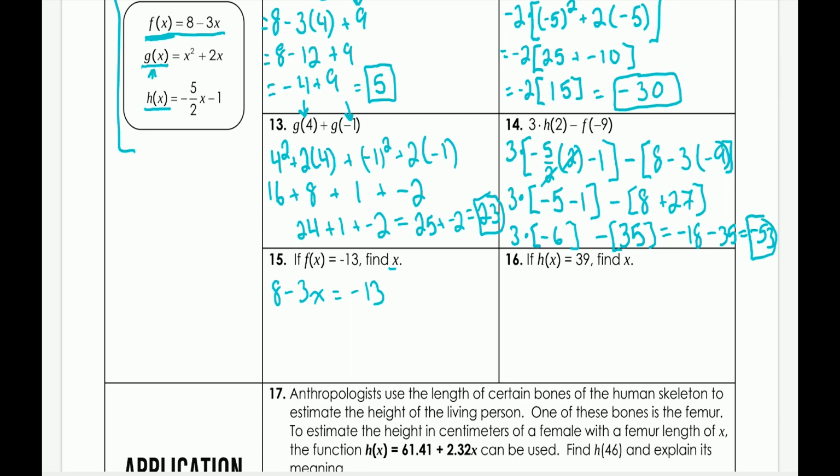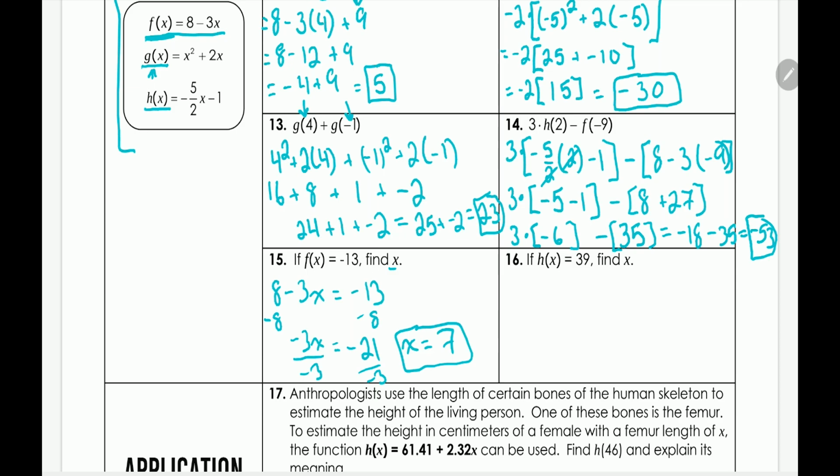In order to do that, we have to subtract 8 from both sides. We're left with negative 3x is equal to negative 13 minus 8, which is negative 21. And in order to solve for x, we have to divide by negative 3. And that gives us that x is equal to positive 7. Okay?